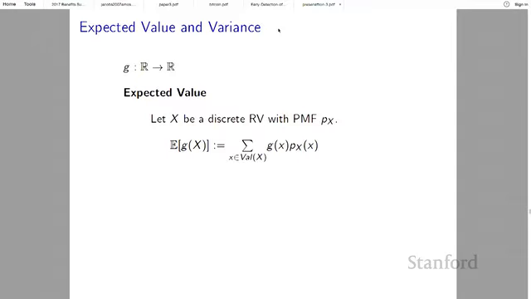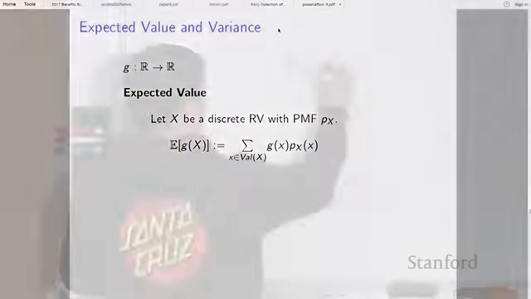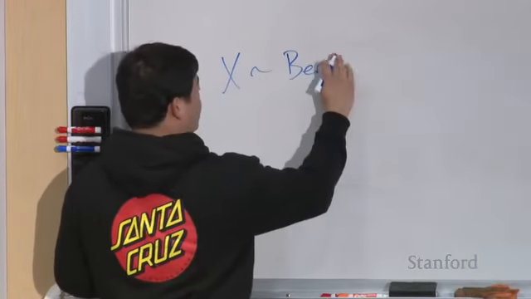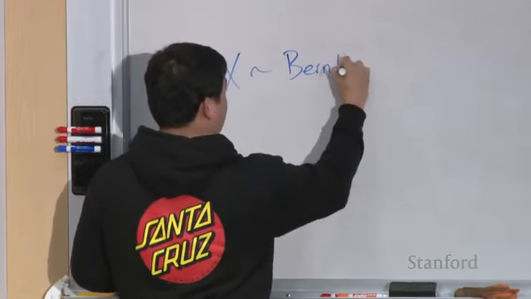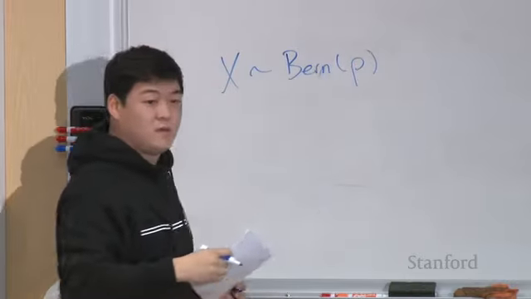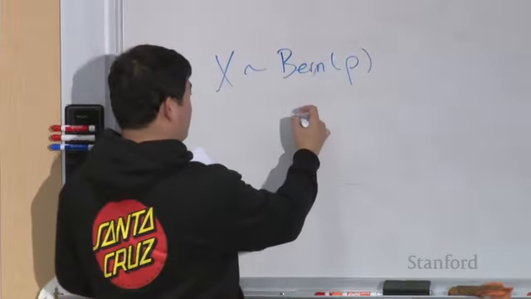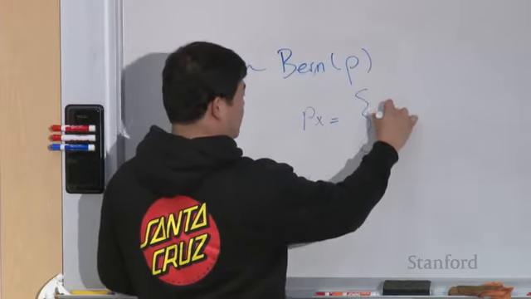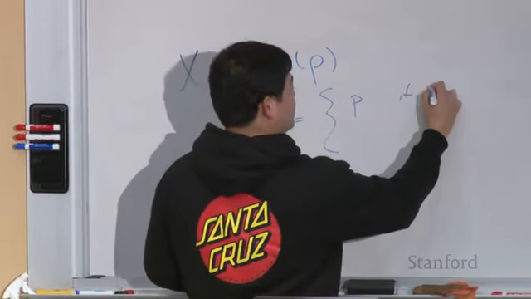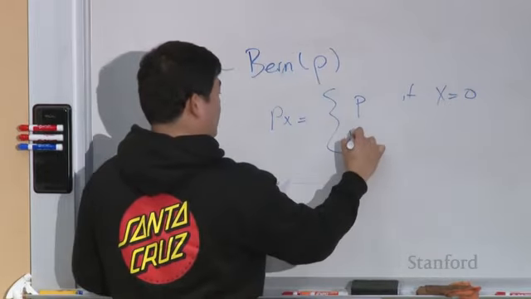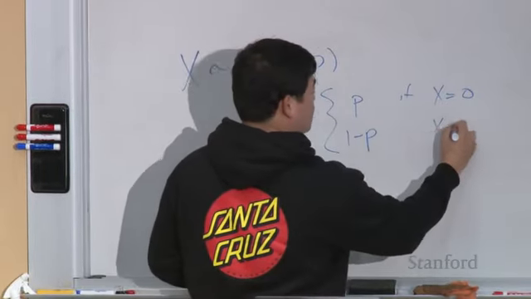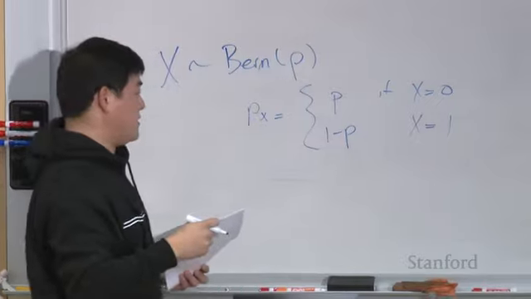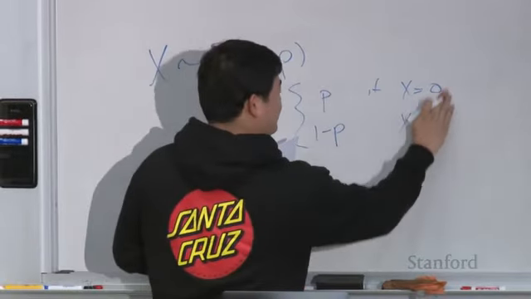So let's think back to the coin flip example. Let's say X is distributed Bernoulli with probability P. And we notice that the probability mass function for this is P if X takes on a value 0, and 1 minus P if X is 1, which is backwards.